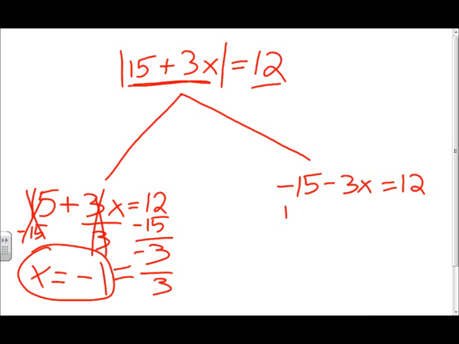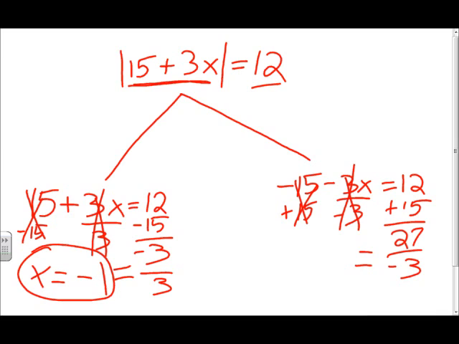So now you do plus 15, you get 27, and then divided by negative 3, crossing it out, divided by negative 3, and you get negative 9 equals x. That would be the negative solution for this equation.